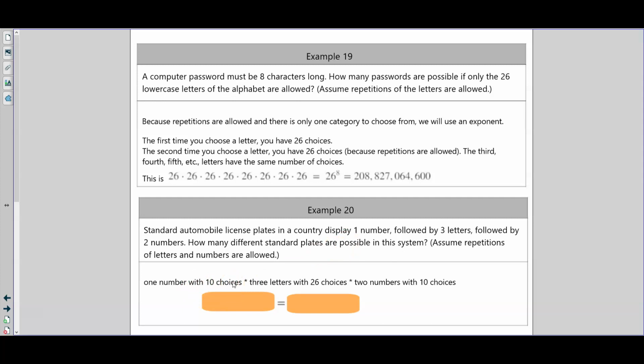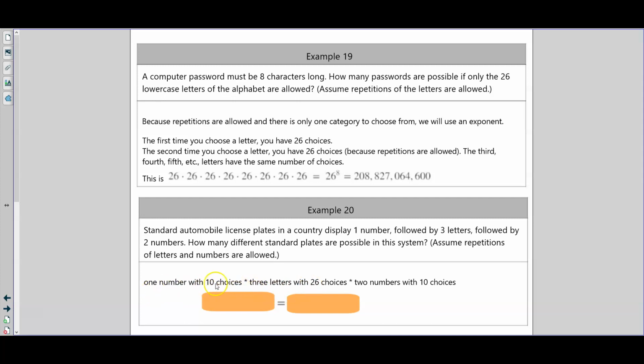It's because each choice for a number could be a 1, 2, 3, 4, 5, 6, 7, 8, or 9. And then 0 is also possible. So that's the 10th number. So you have 10 choices for numbers, and you have 26 letters in the English alphabet. So that's why we're saying it's 10 and 26 if you're going to allow repetition.